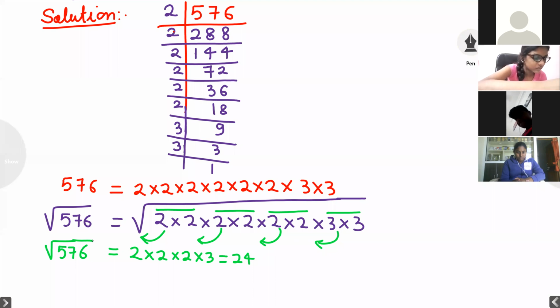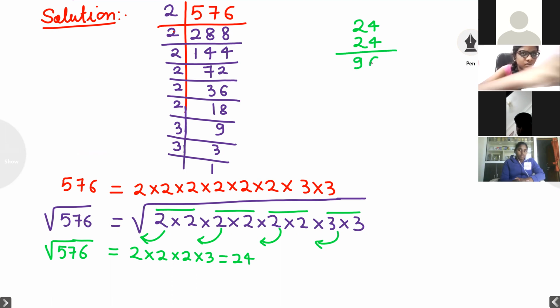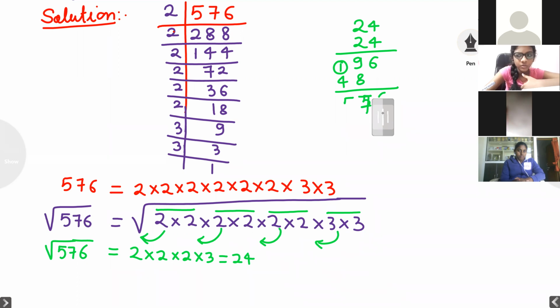Now one student is saying, sir, whatever answer you told, how do you believe your answer is right or wrong? I told, okay, you have to believe. How to believe? 24 multiplied 2 times. Same answer is coming or not?